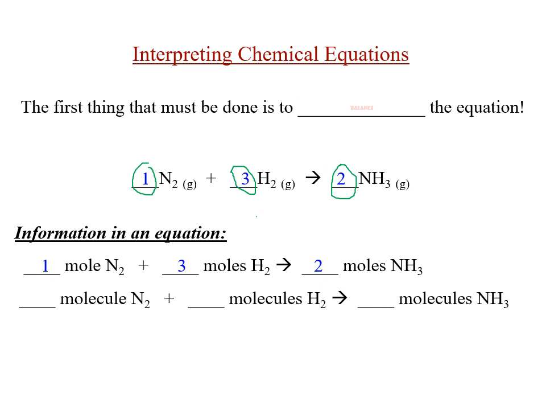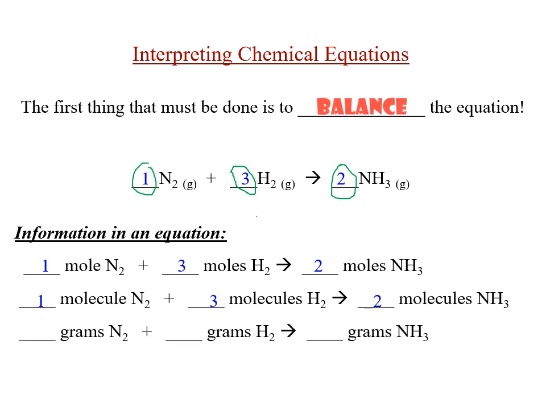So we interpret it the same way. We see that one molecule of nitrogen is going to react with 3 molecules of hydrogen, and when they react, they will make 2 molecules of ammonia. So this is the second way that we interpret an equation.